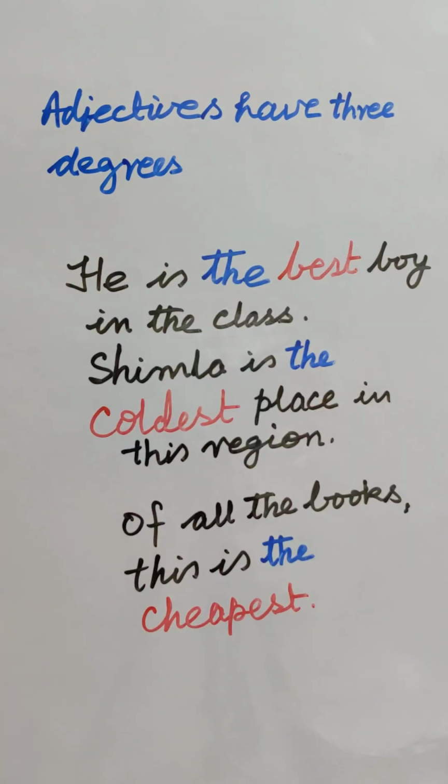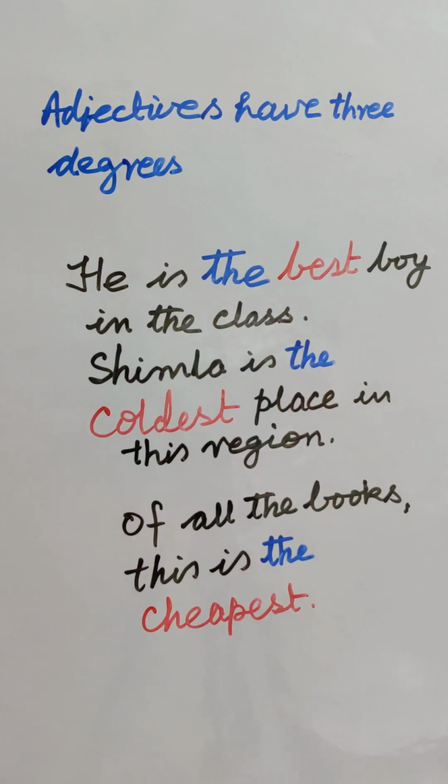Superlative degree. In all the adjectives of the form of superlative degree, the word the is used. As in these sentences, number 1, he is the best boy in the class. Word the is used before the adjective best.